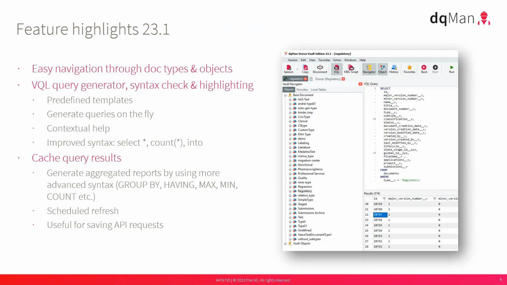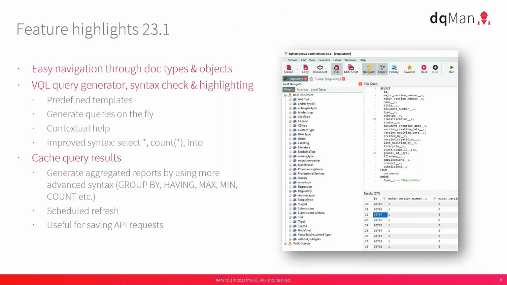Another useful feature is caching the query results. This is very useful for generating aggregating reports by using more advanced SQL syntax like group by, having, using aggregate functions like max, min, count.